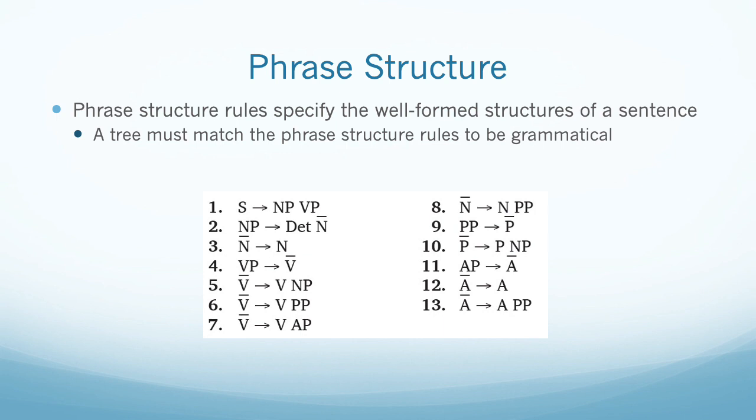So I won't go through all of these, but it's useful to know that these exist, that these are the rules that we learn about our language to help us build sentences. We follow these rules all the time, every time we talk, without thinking about it.